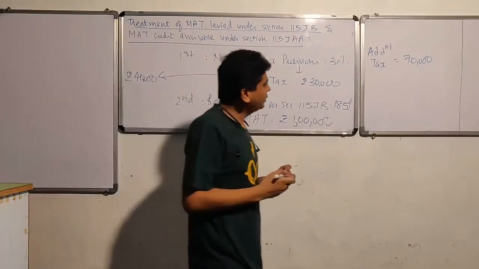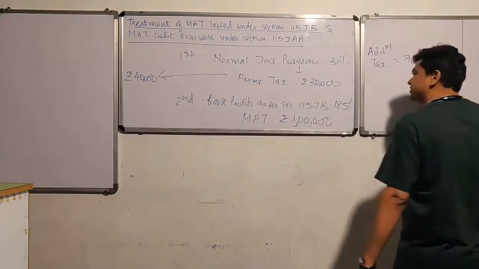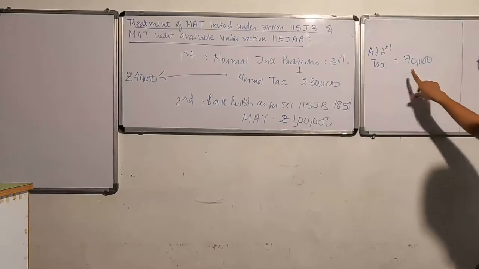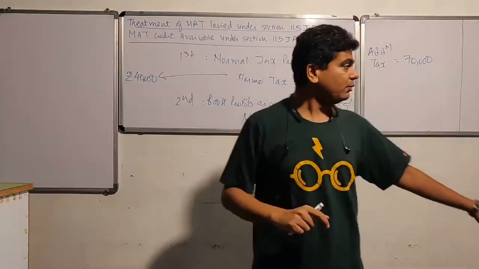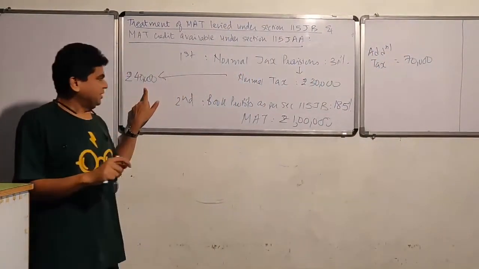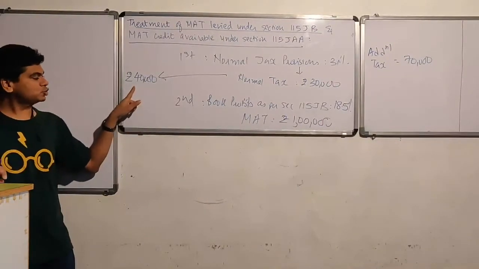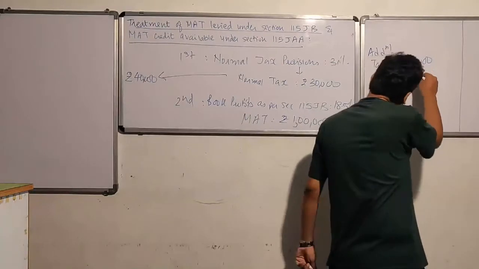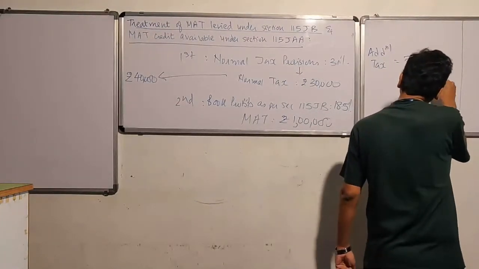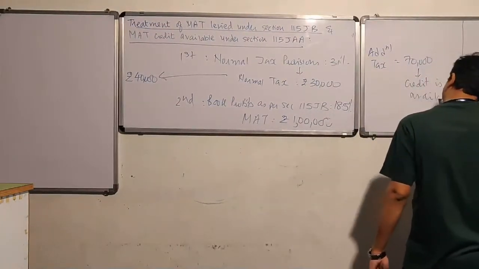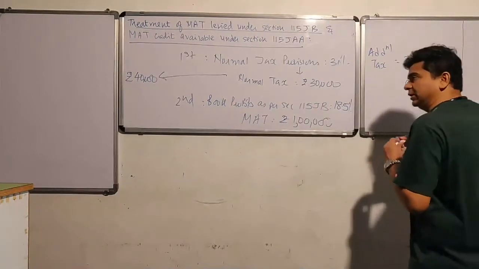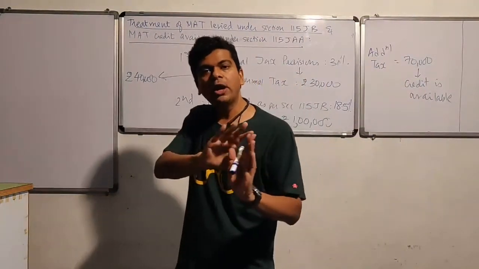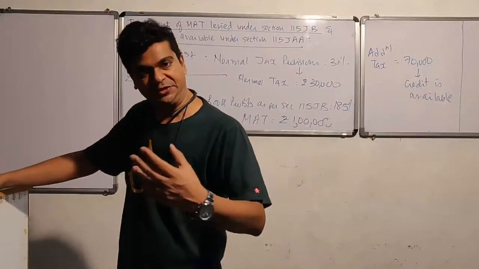But I will argue that I have already paid 70,000 tax extra in the previous assessment year. In the next assessment year I am supposed to pay 40,000, but I have paid an additional tax of 70,000. For this extra tax, credit is available. So in the next year this 70,000 will be set off against this 40,000, and I don't have to pay any tax in the next assessment year.